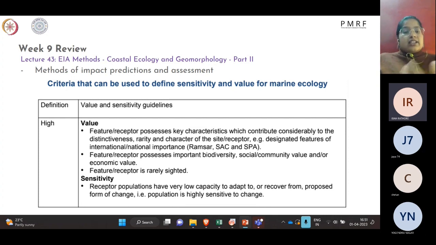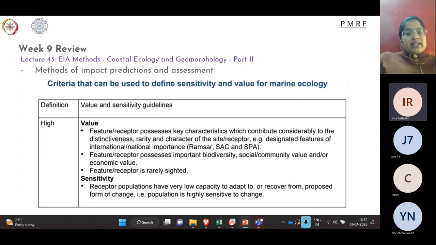And these are designated features of international or national importance. So we have different conventions which protect watershed areas. So if the effect has a very high value damage, whether it's an international value associated with the coastal zone or it's a national value associated with the coastal zone.